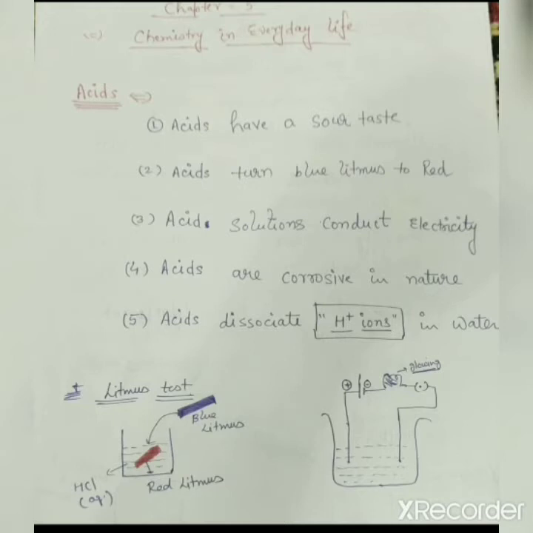So when these acids are put into water, they will dissociate their H plus ions. Remember that point. That is the one and only definition of the acid: they dissociate H plus ions in water. So that's why we call them acids. So these are the properties which I have discussed about the acids.